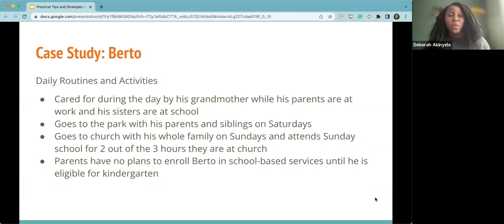And really, when we think about what some of the words might be, they are words that will not only occur during these routines and activities, they're going to occur at other times as well.